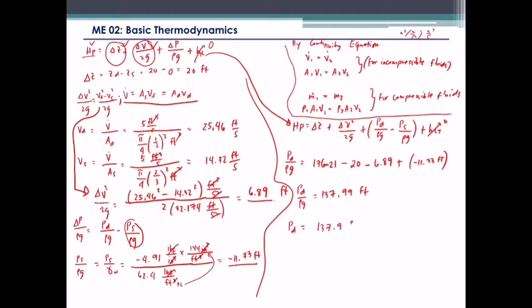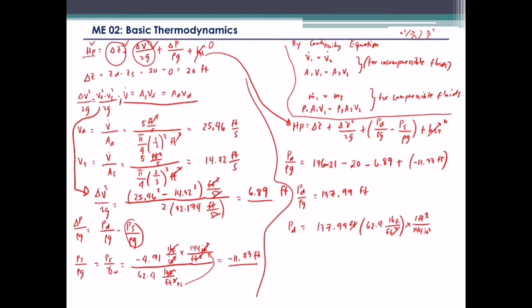Now, we will multiply by rho g, or the gamma of water. 137.99 feet times the gamma of water, 62.4 pound force per cubic feet. So, feet cancel. We will convert it to pressure, pound force per square inch, PSI. First, we have 1 square foot is 144 square inch.